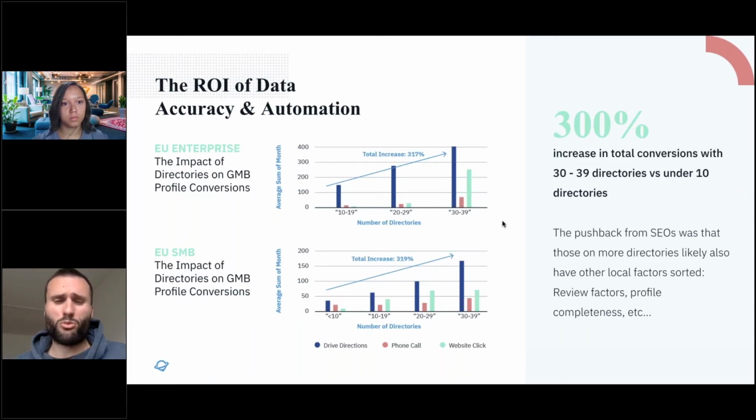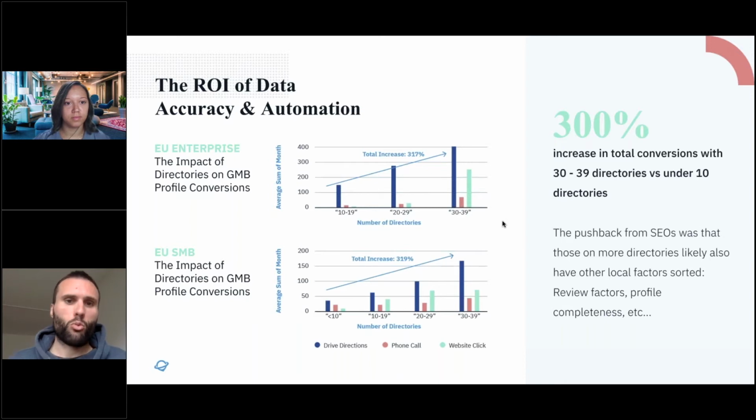So while 30 to 39 is the sweet spot, it's important that we don't get wrapped up in you must have 30 to 39. That's not what the study was created to do. It was to show and benchmark that an extended network of directories is important, and those businesses that do automate this obviously have a leg up, because if you're centralizing all of this management and doing it all in one place, there's obviously less room for error. And when you're a large enterprise that's managing a lot of locations on multiple directories, it becomes a really hard job to manage.